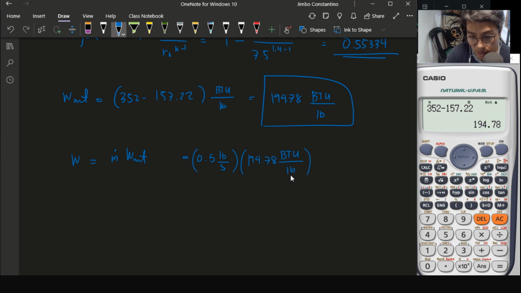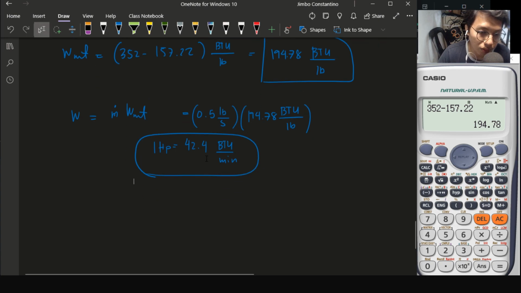Ang kabisado ko lang dito is yung 1 HP is equal to 42.4 BTU per minute. Ito lang yung conversion factor natin dyan. Okay? Di convert ko na lang sila.